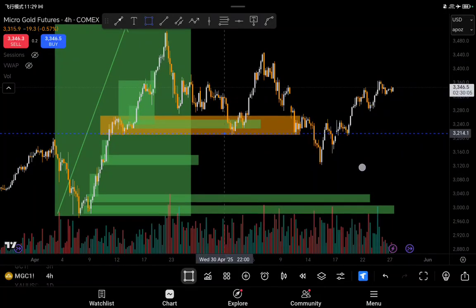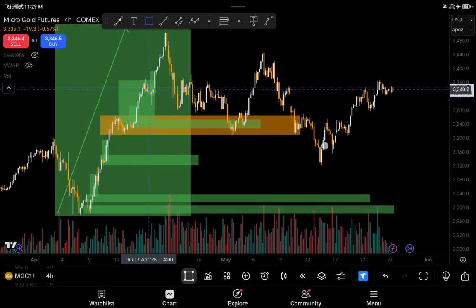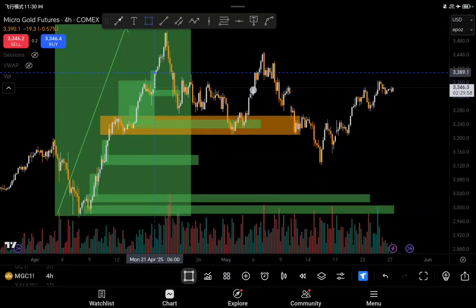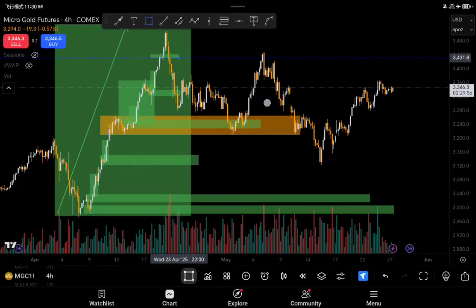Then you might draw something over here. Just a simple drawing. It depends on how you read, how your eyes look at this H4 structure.